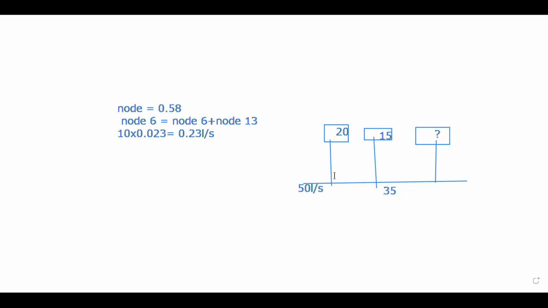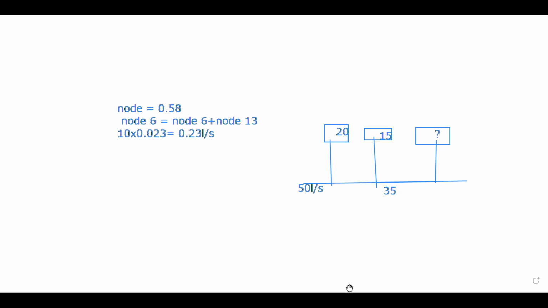Yes. The demand for the house is 20. But because there are two guys who need to consume another 30, therefore the demand here is 50. So look at node 6 and look at node 13. This is 7 here. This is 6.